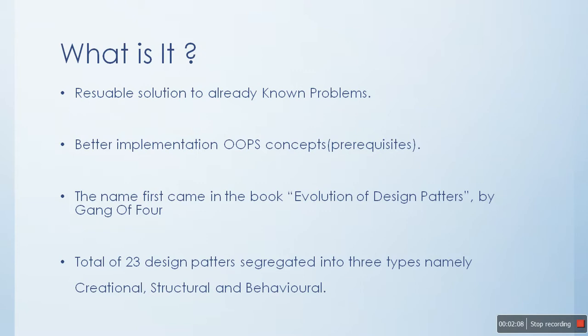The term design patterns first came in the book named Design Patterns: Elements of Reusable Object-Oriented Software by the Gang of Four. The Gang of Four is a group of four very famous scientists who developed 23 design patterns, which were segregated into three basic types: creational, structural and behavioral.